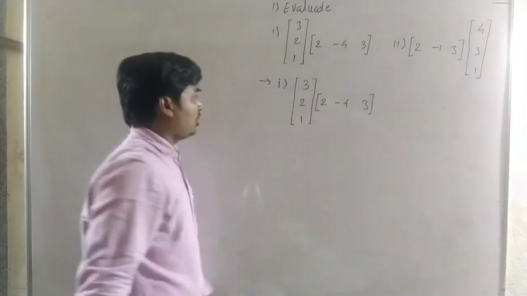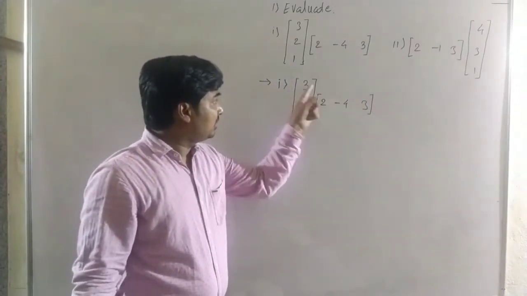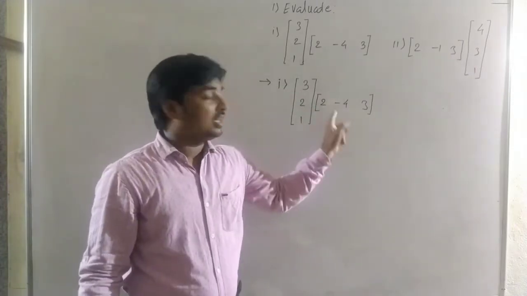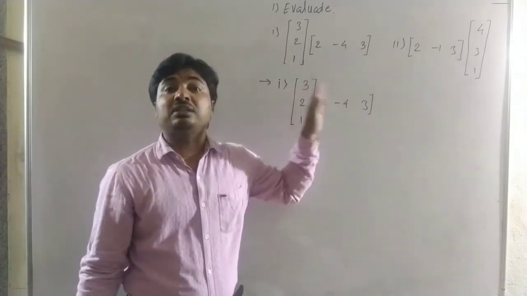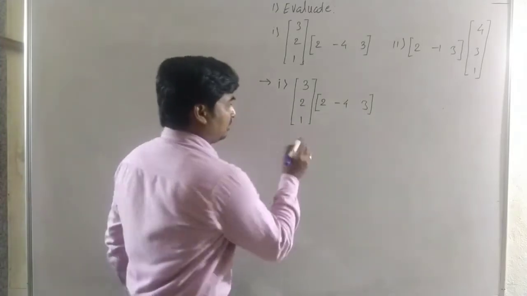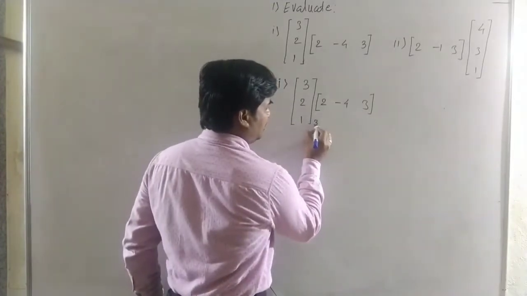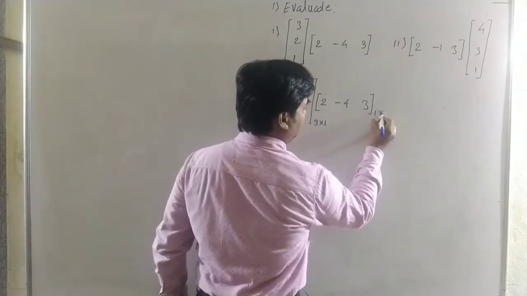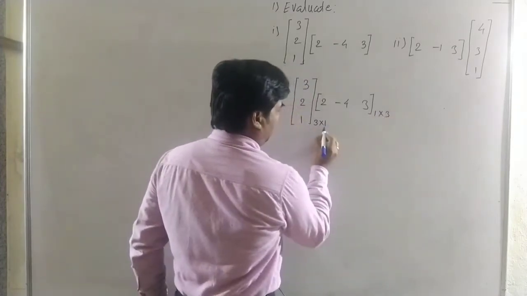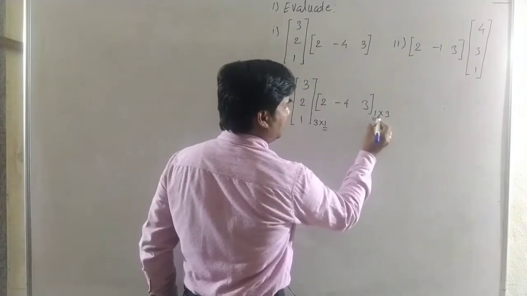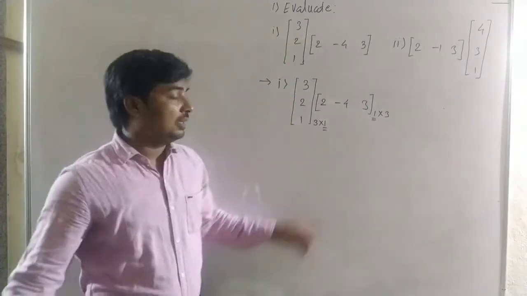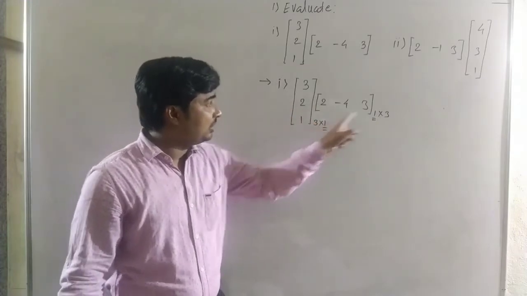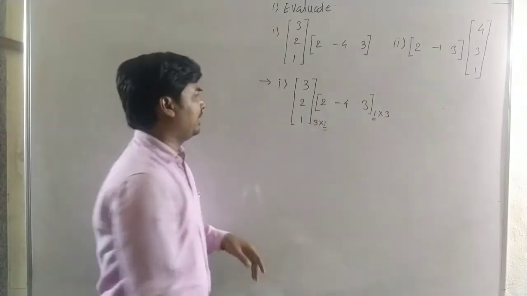See carefully, the order of the first matrix is 3 by 1 and the order of the second matrix is 1 by 3. It is not necessary to write the order here. The column number of the first matrix and the row number of the second matrix are the same, so the order of the product matrix is 3 by 3. Now we can find it.